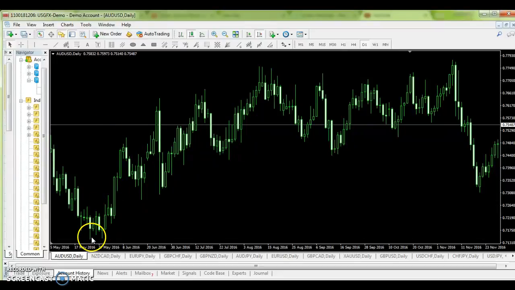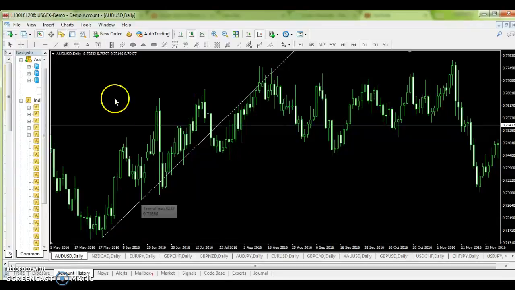After knowing this low and this high and this higher low, I draw a trend line which connects the two points, two pivot points. This is the low point, the lowest point. This is the higher low point, right?